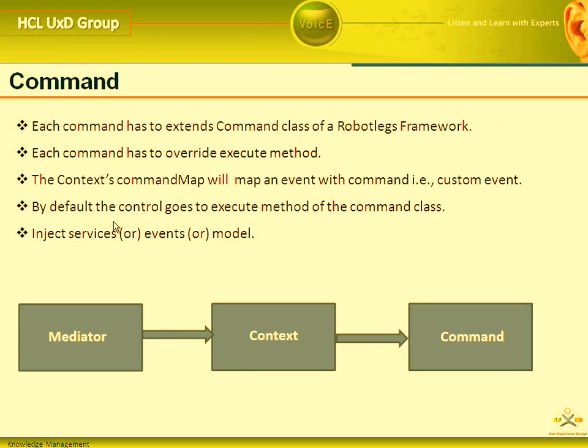And if you come to the next one, that is command. A command is used to pass the request which is coming from the mediator to the appropriate service. Each command has to extend the Command class of the RobotLegs framework. Each command has to override a method called the execute method.